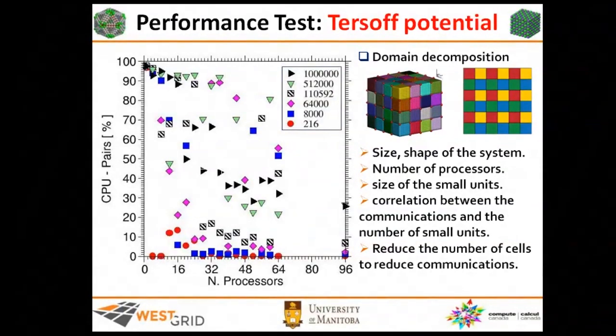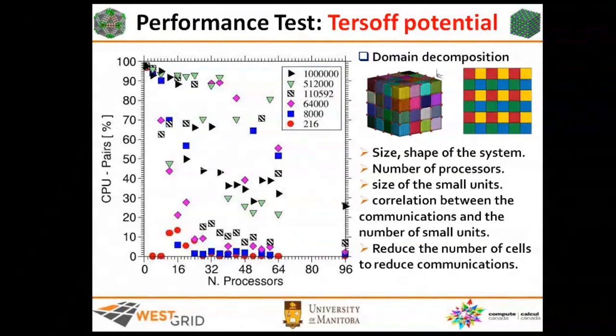But if you increase the number of CPUs, the program will divide the system into very small subsystems according to the number of CPUs you asked for. If I ask for 16, the whole simulation box will be divided into 16 small boxes.